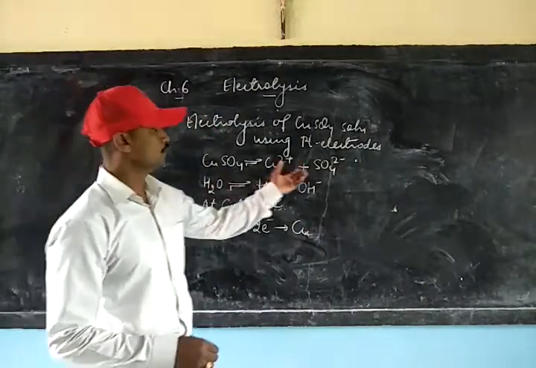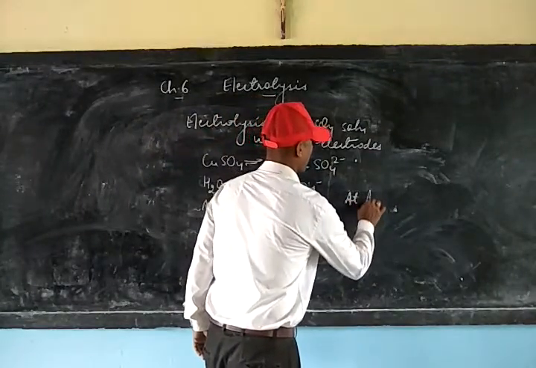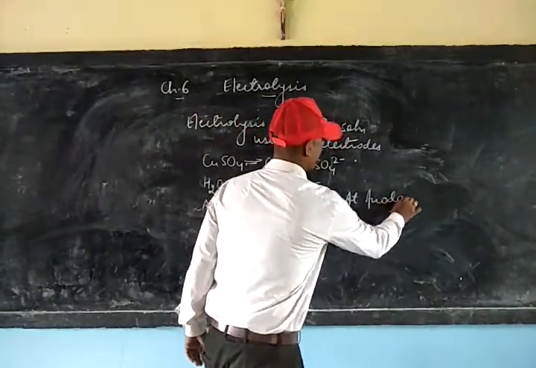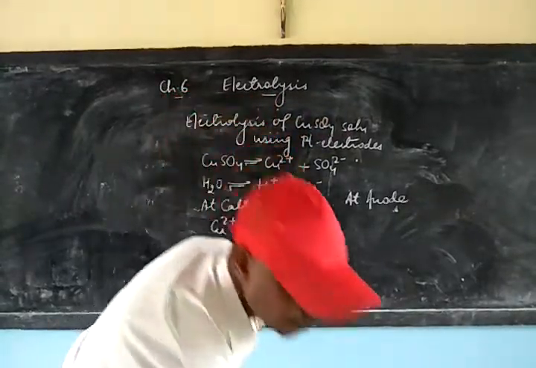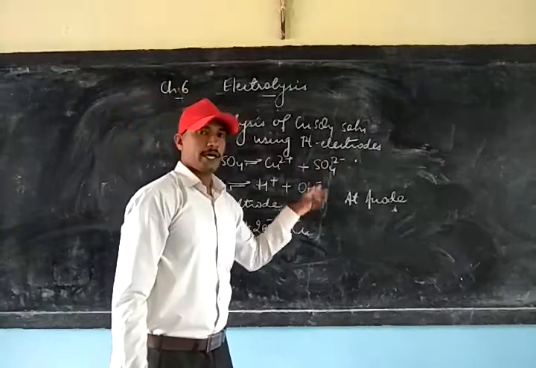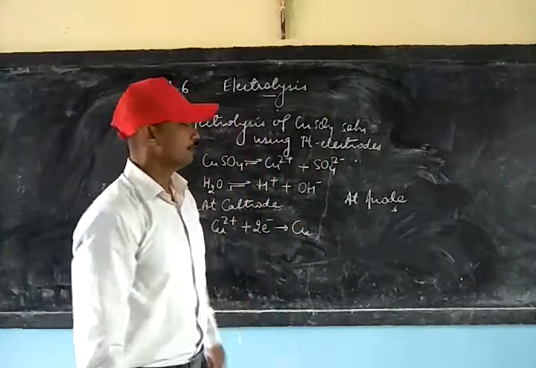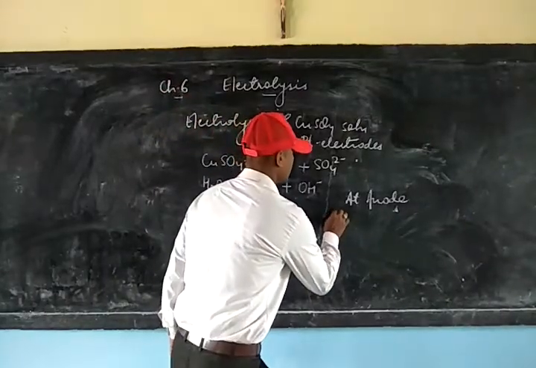Now let us come to the anode side. At the anode, you can see out of these two, it is hydroxyl ion that is below sulfate ion. So hydroxyl ion will be discharged.